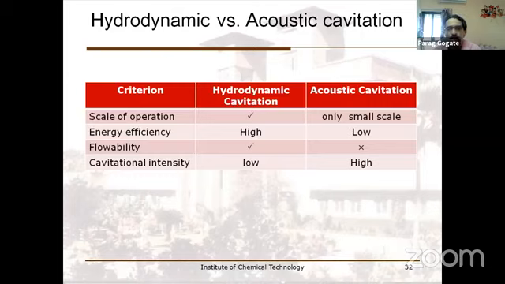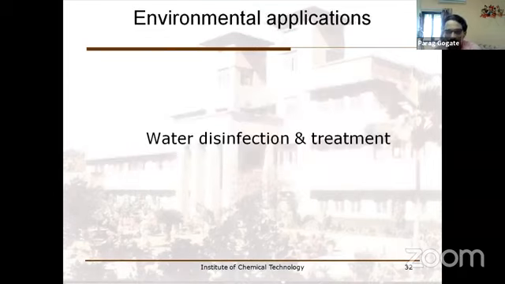So I need to look at some aspects by which I can maximize my cavitational intensity at minimum possible energy consumption. So either you can combine hydrodynamic cavitation with some advanced oxidation processes, or you can also think of combining hydrodynamic cavitation with acoustic cavitation, right? So that possibility is also there.